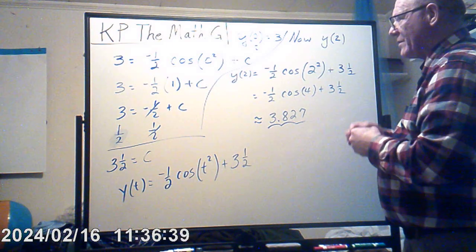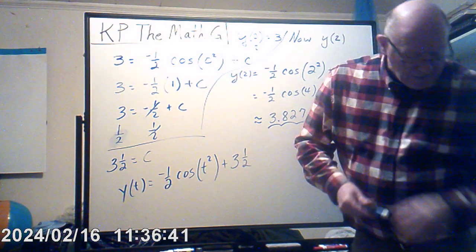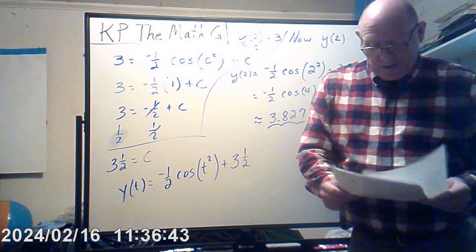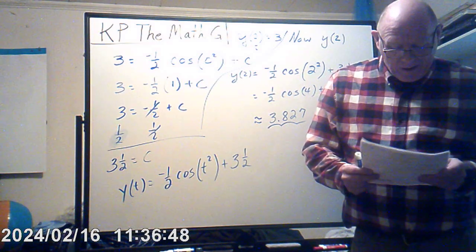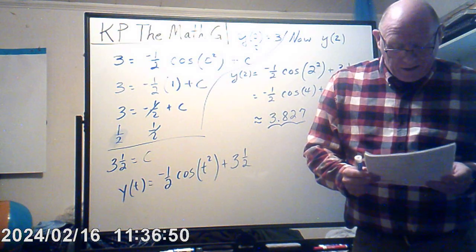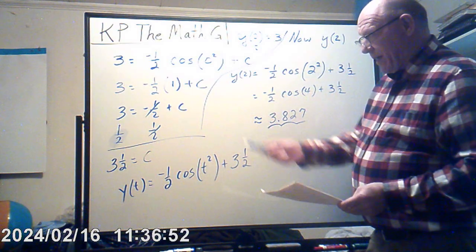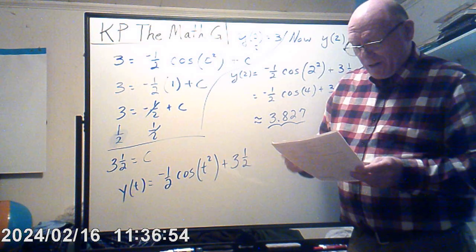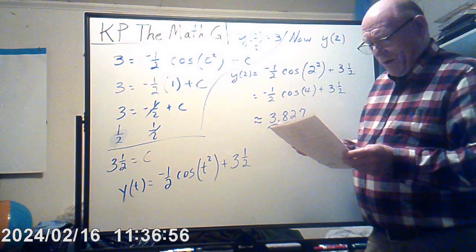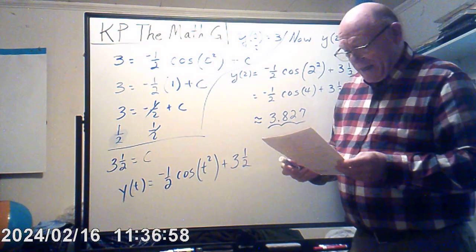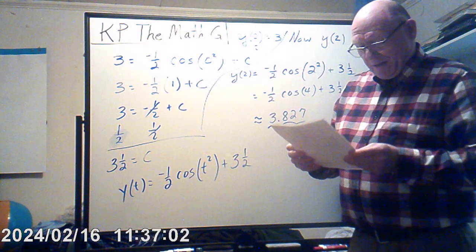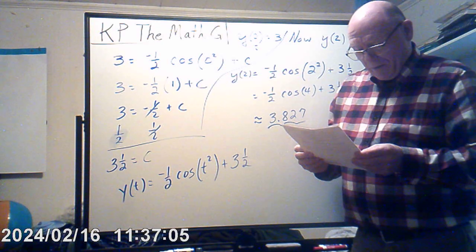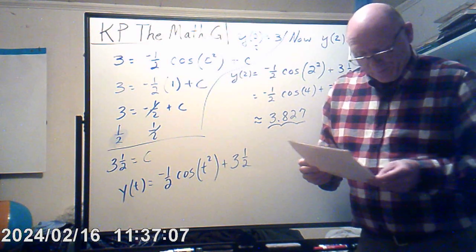That's what you're looking for in part C. I want to look at the scoring on that one. It's just 3 points: 1 for setting up the antiderivative, another for finding C and getting this equation, and then plugging the number in and getting the answer.